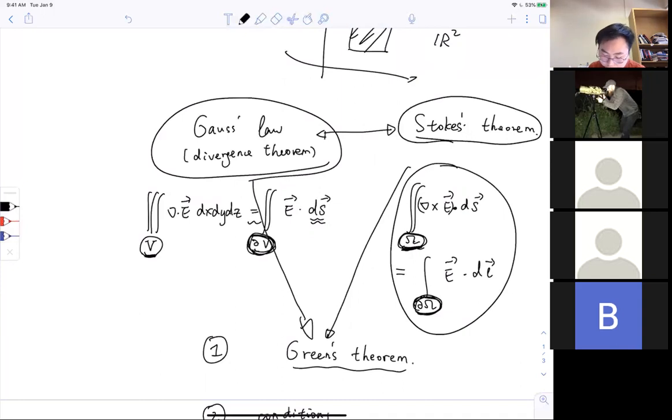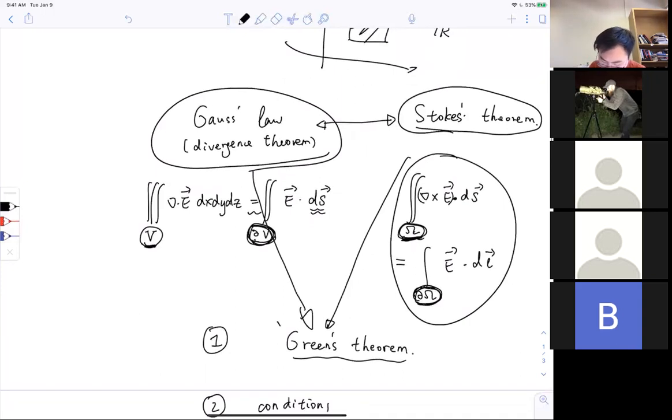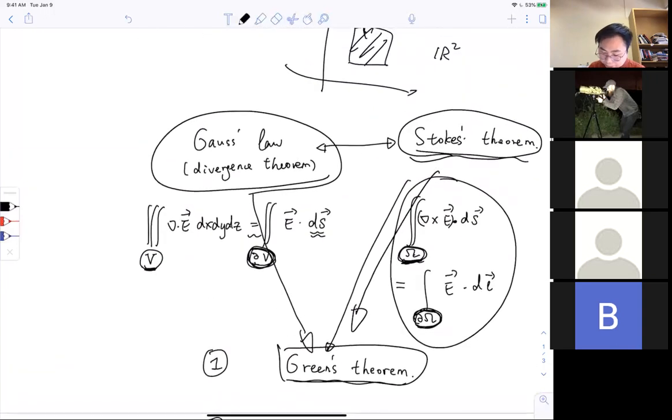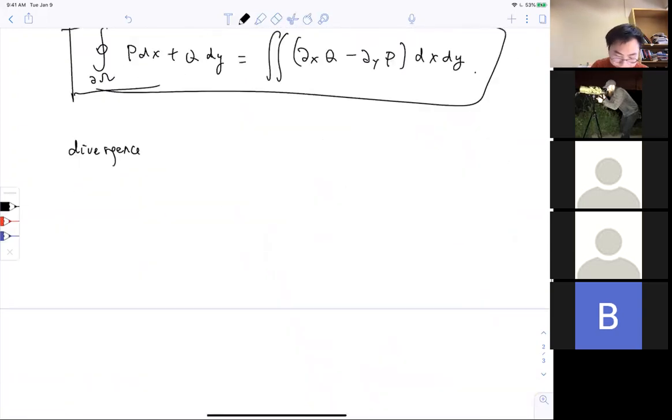Eventually, if you know more, you will say they're the same. The Green theorem is just a special case of the Stokes theorem, and you can derive it like what we derived here. Because the divergence theorem is the same as the Stokes theorem, we should also be able to derive this Green theorem from the divergence theorem. This is what I'm doing here.